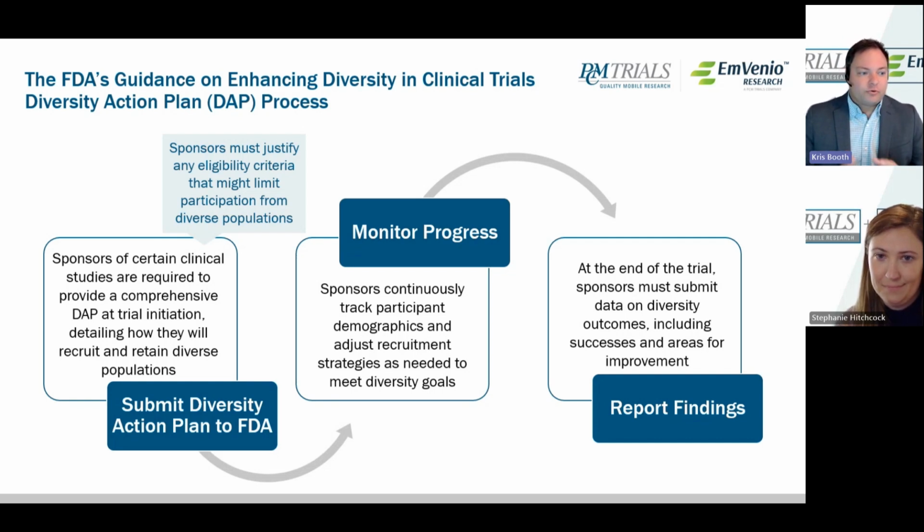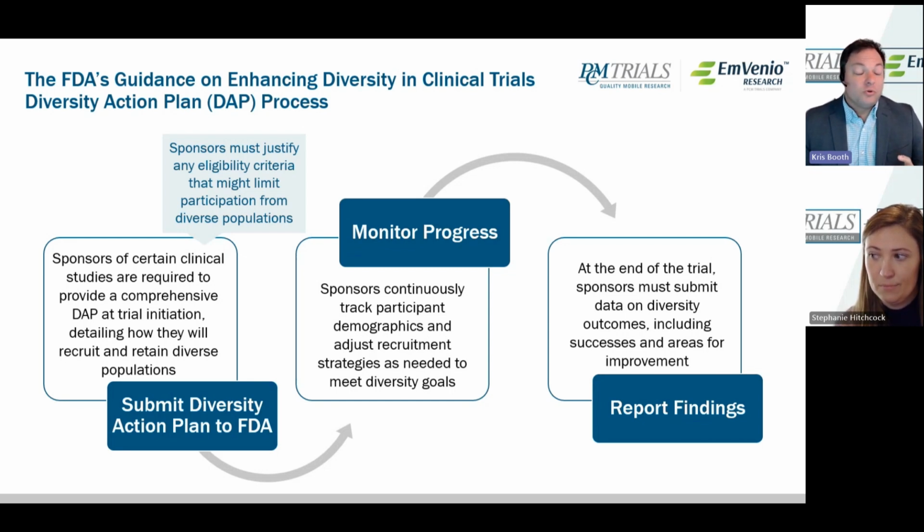The therapeutic indication for a specific treatment plan or a specific group has to then be represented within the group of patient representatives that you have for the study, right? So if it's something that is predominant in one type of race or one type of group over another, that actually has to be recognized now in this diversity plan and in these DAPs.